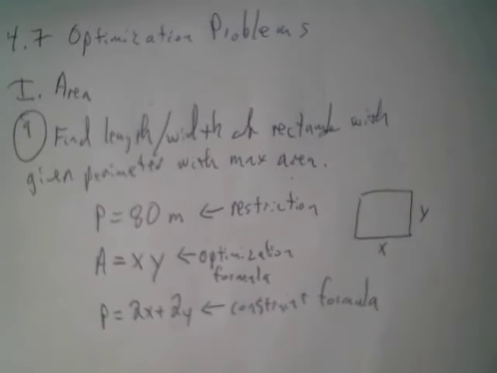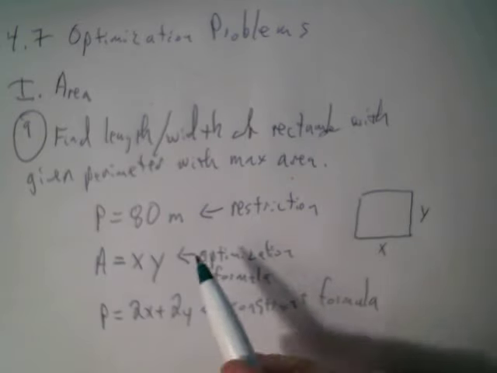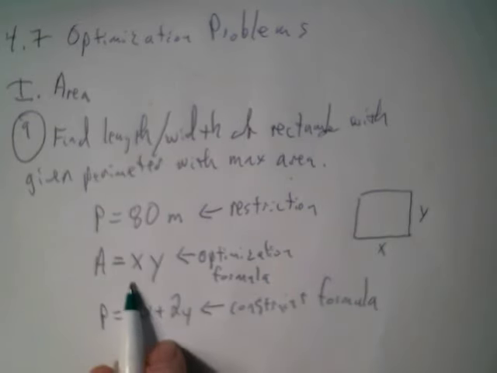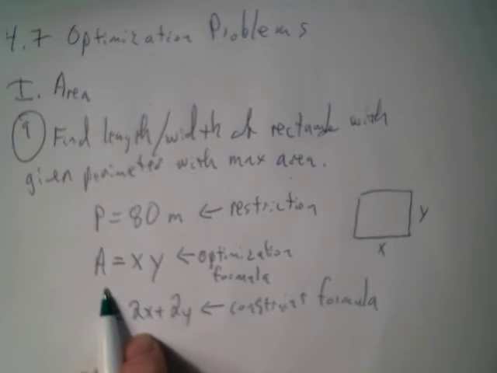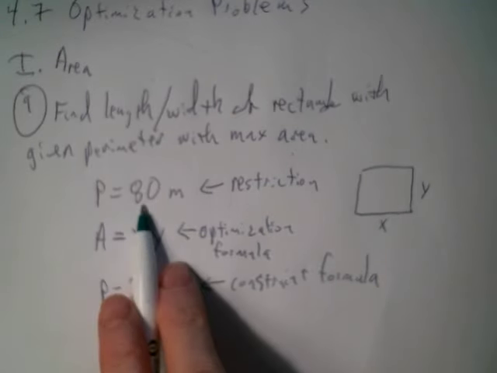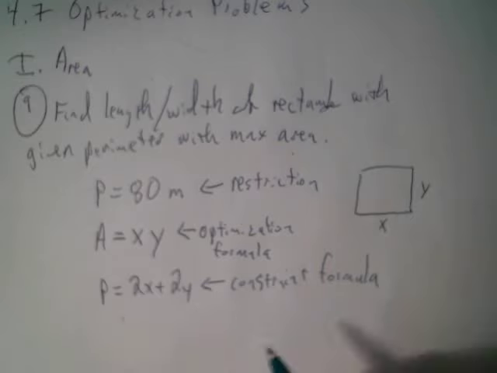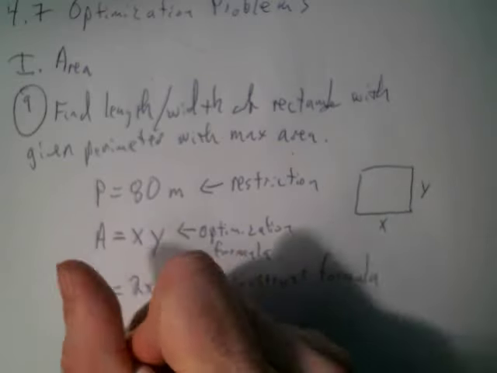So using this information, we're going to reduce the number of variables in the area formula, and then we could take the derivative of this and try to optimize the area. First I'm going to take this restriction and plug it into the constraint formula.